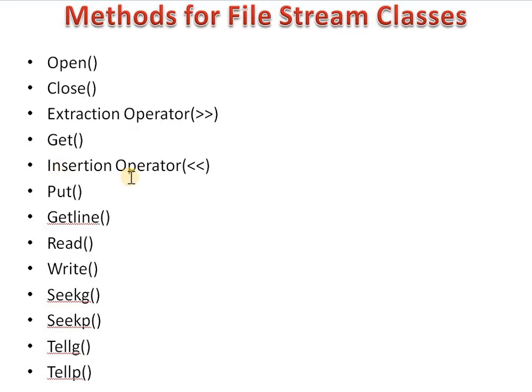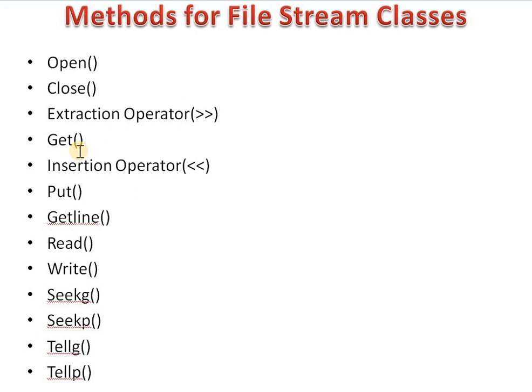And there is an insertion operator. That insertion operator recognizes all the basic C++ types and converts them to suitable character output. That means the extraction operator gives defined input to a file, and the insertion operator is used to display the output.